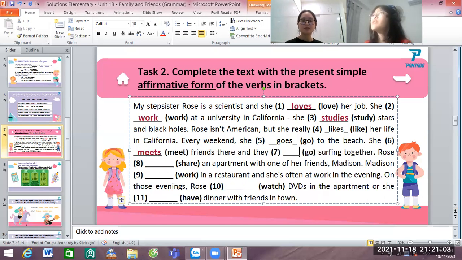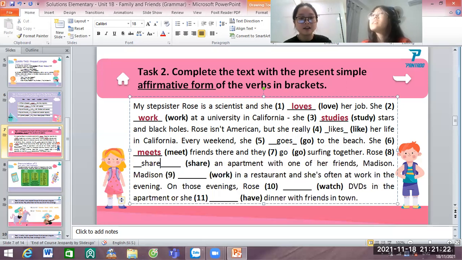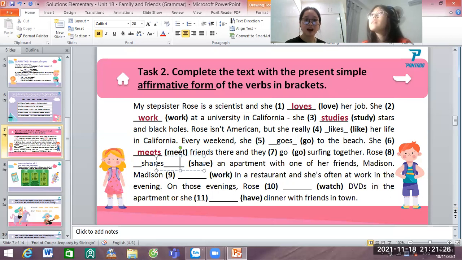About number 7. Go. Do we need to change the form? No. Good. Number 8. We'll say shares. Very good. I can see that you are good at remembering grammar. Is that right?